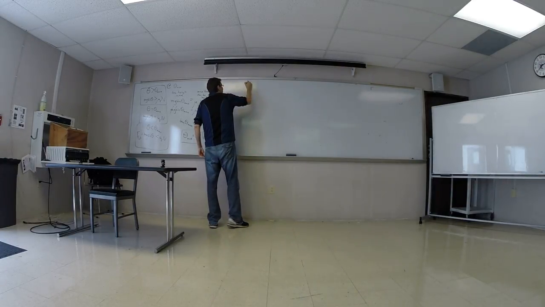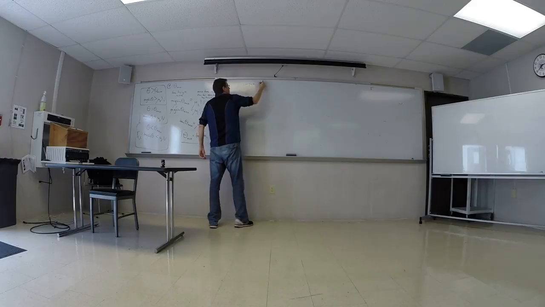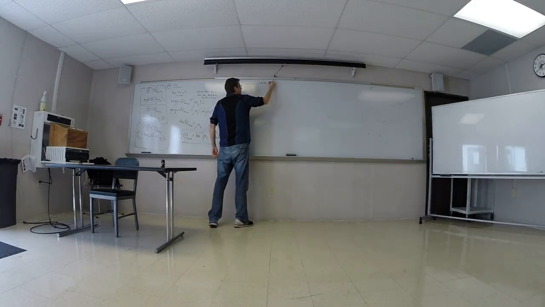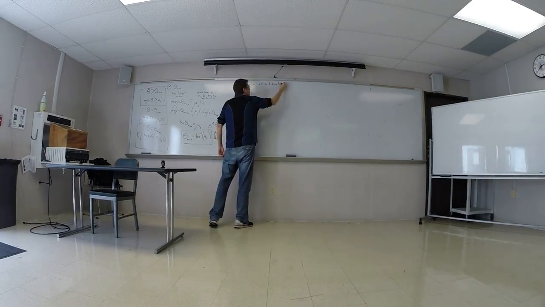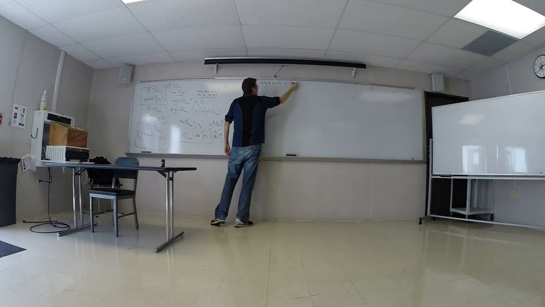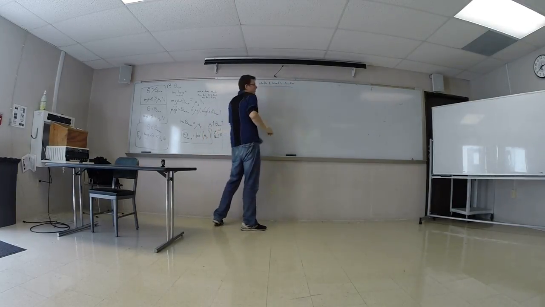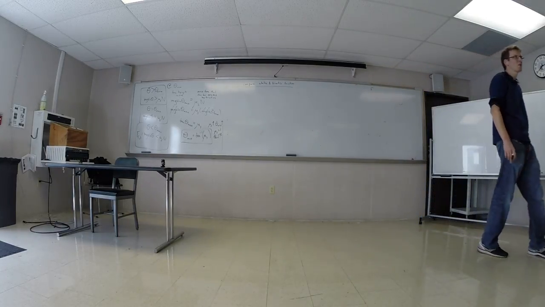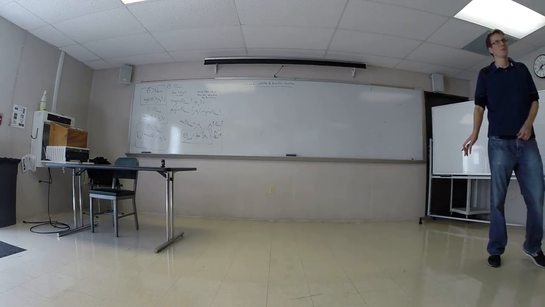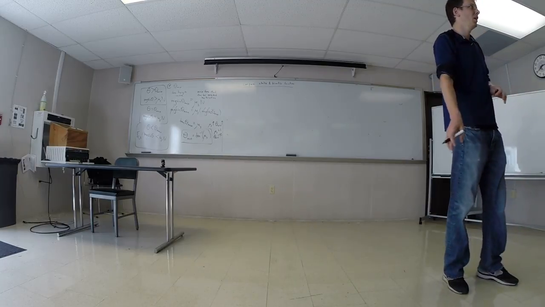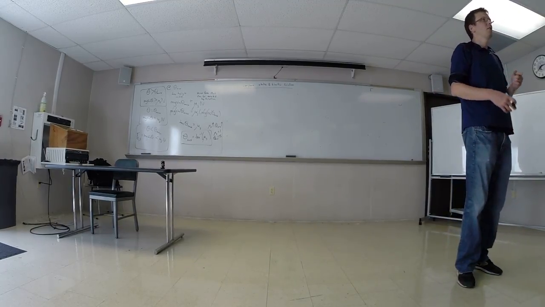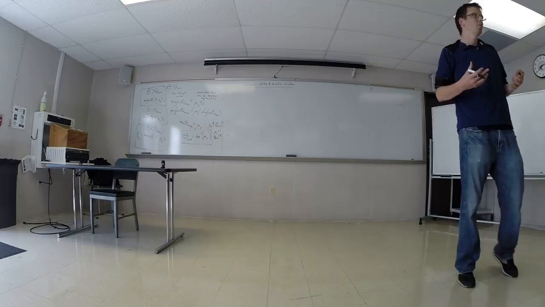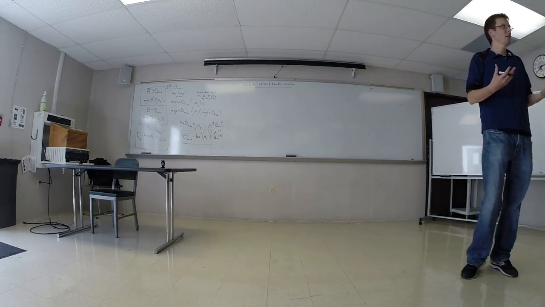So I want to compare static and kinetic friction. Now this might seem like a little bit of a silly comparison because as we talked about, you would never want to use them both simultaneously, use one or the other, but it's still instructive to compare them as we will see.